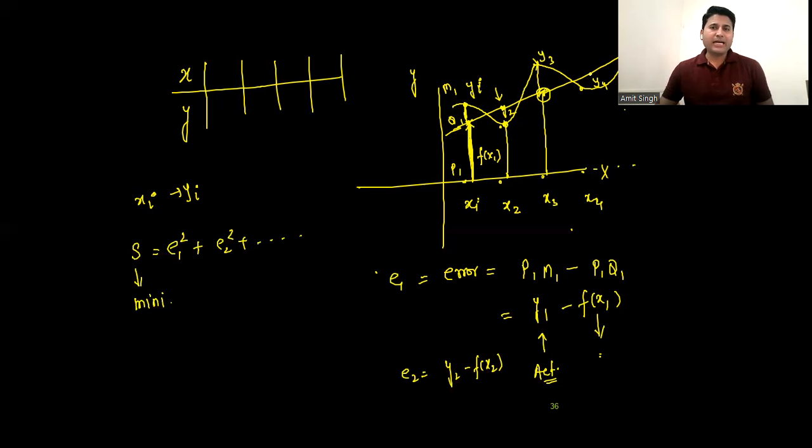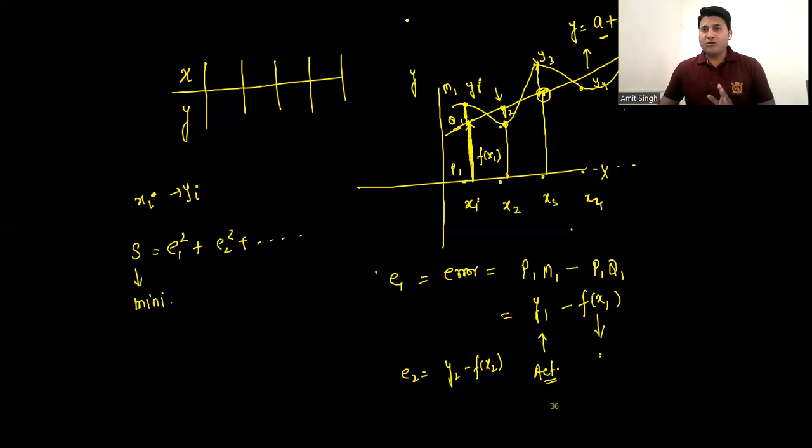Since it is a straight line, what is the form of this curve? It will be y equals a plus bx, where a is the intercept and b is the slope of this line. So if I get the values of a and b, I will put them over here and get the trend line, or we can say the best fit for the given curve.